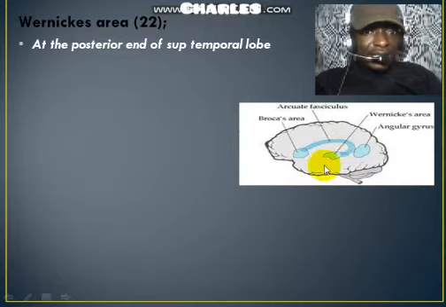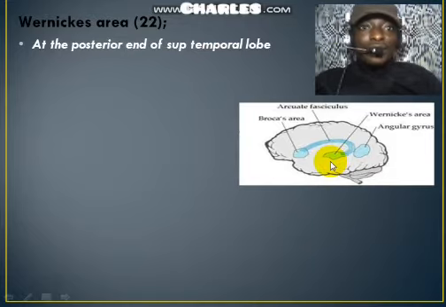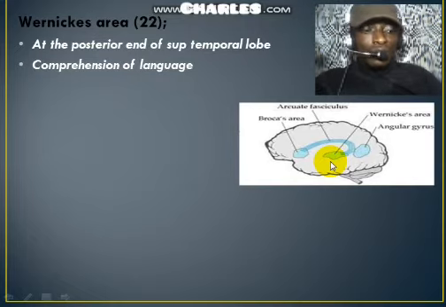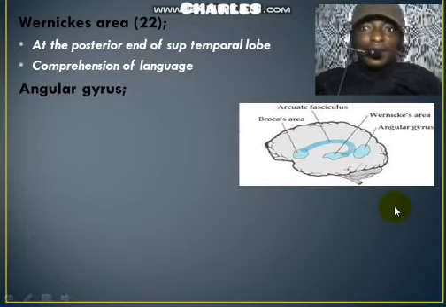So this part is the temporal lobe, and the Wernicke's area is located here. The Wernicke's area is specifically important in speech or language comprehension, understanding of language or speech. That is the specific role of the Wernicke's area. The other area is the angular gyrus.